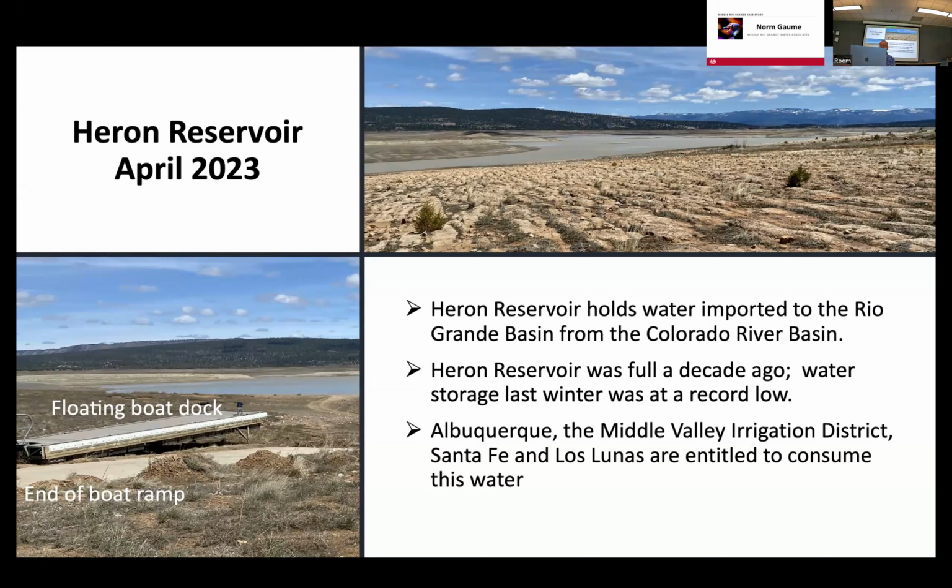But as you can see, what used to be a firm yield of about a fourth of the Rio Grande inflow entitlement, it was supposed to be the firm yield, but with climate change and drought, the reservoir is almost empty. You can see the floating boat dock at the end of the boat ramp and the dry reservoir bed.